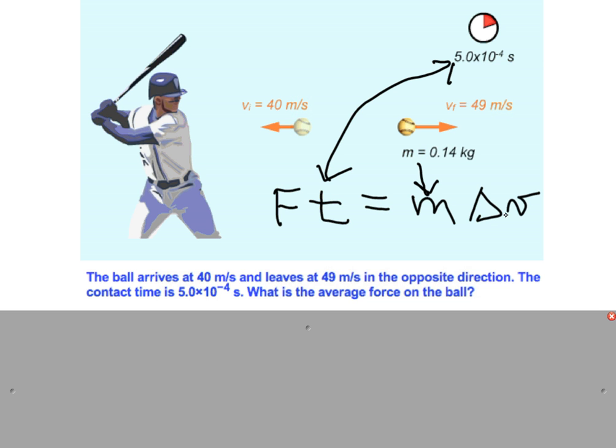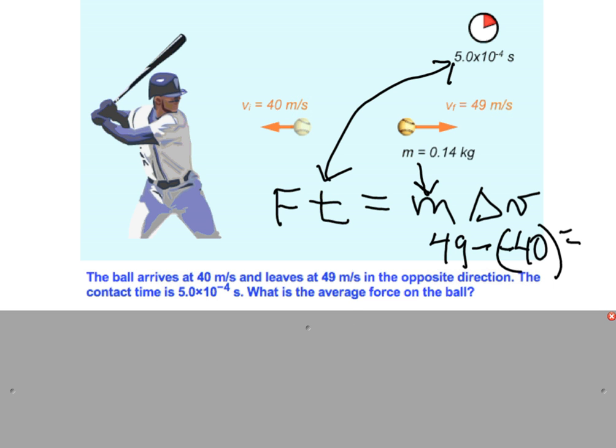And the change in velocity of the ball, let's see what that is. Well, it's the final velocity, which is 49, minus the initial velocity, which is minus 40. Because the ball is traveling to the left, and let's assume left is the negative direction and right is the positive direction. So the change in velocity of the ball is actually 89 meters per second.